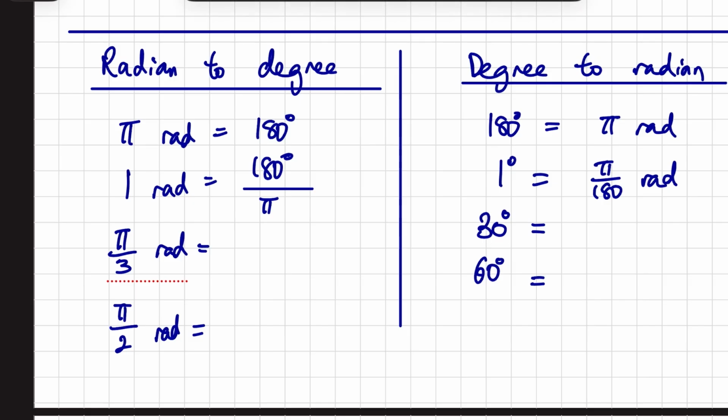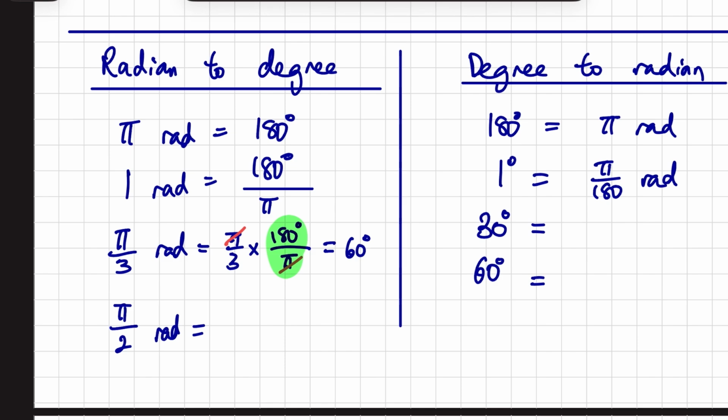I want to know the corresponding angle in degrees. I just multiply pi over 3 with 180 degrees divided by pi. Pi and pi cancel out because they're common factors, and 180 divided by 3 gives you 60 degrees. That's how you get from radian to degree. You multiply by the factor of 180 divided by pi.